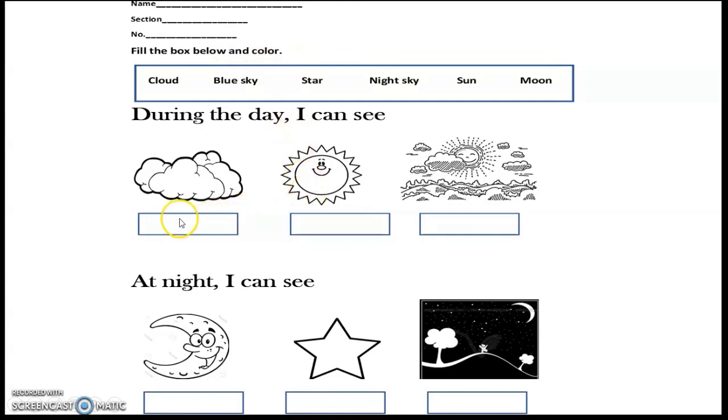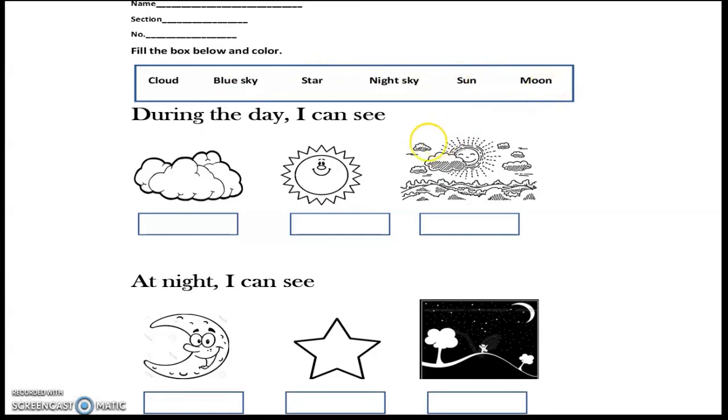Okay, so all you need to do is to write your answer here, in the small box below the picture here. And all the answers are in the big box here, right? Okay, so we have cloud, blue sky, star, night sky, sun, moon.